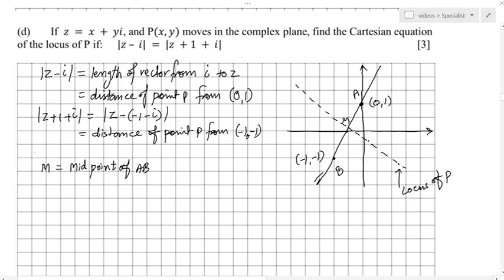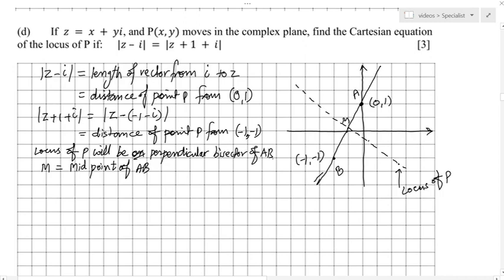You can also write here that the locus of P will be the perpendicular bisector of AB.